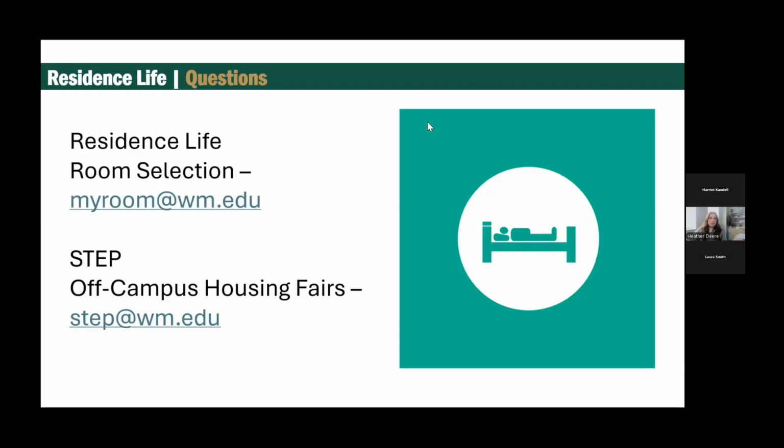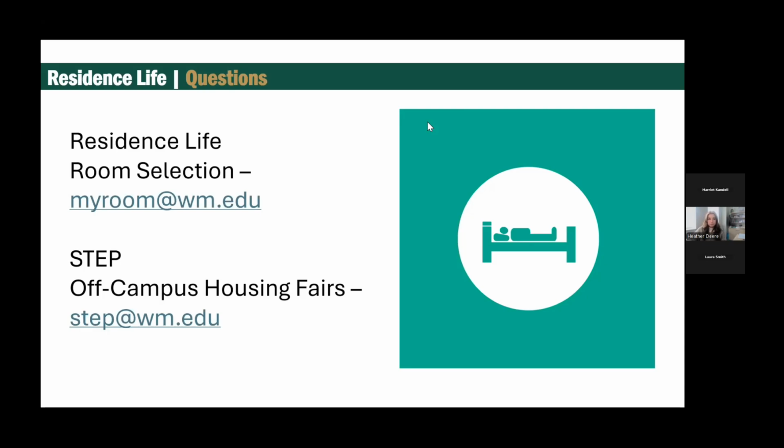If a student has a single room accommodation, when they go to select a room, will they only see singles as their options and vice versa, or will they be able to see all rooms that are available? Students will only be able to, during early room selection, select from rooms that specifically meet their approved housing accommodations.